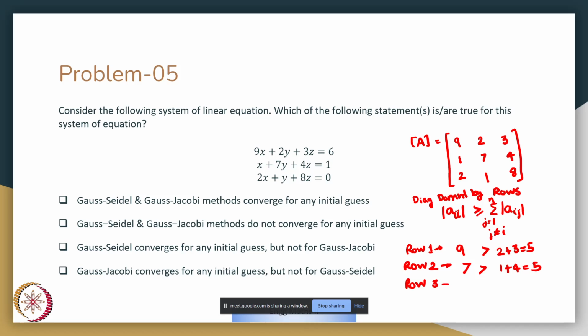In the third row, the left hand side is 8, the right hand side is 2 plus 1, being 3. So for all three rows, the diagonal component Aii is strictly greater in magnitude than the off diagonal components for that row, which is the condition that our coefficient matrix A is strictly diagonally dominant.